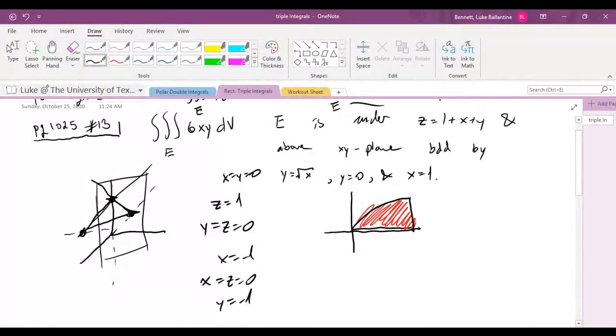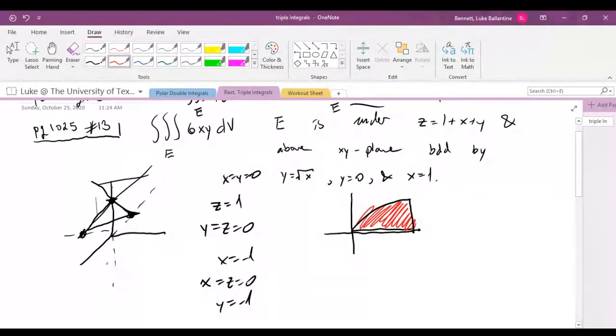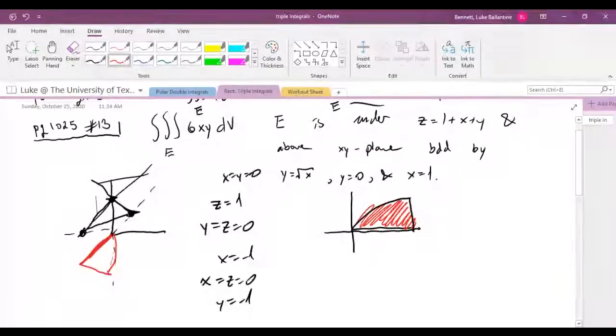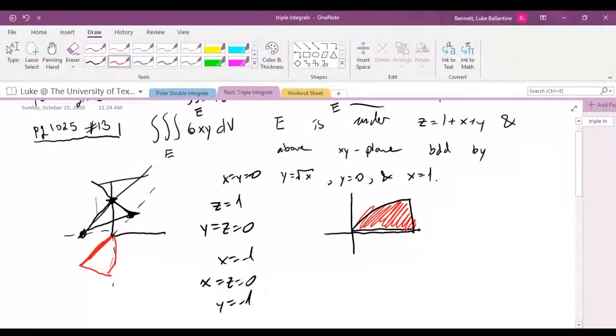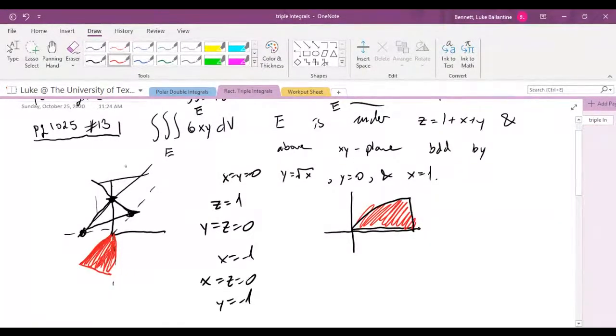And then we have the region, engulfing x on the positive side. So it looks like this, with y equals 0 and x equals 1. So it's above this region and below this plane right here.